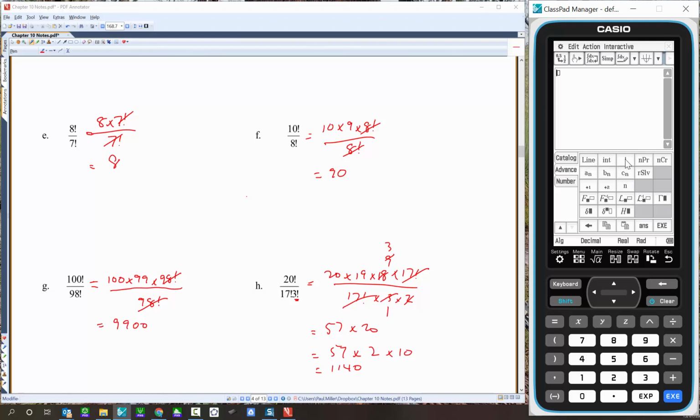Now there's the factorial button, that one there. So we say 20 factorial over 17 factorial times 3 factorial. Hey, I got it right. Good job.